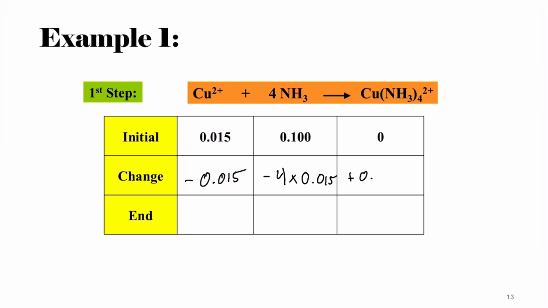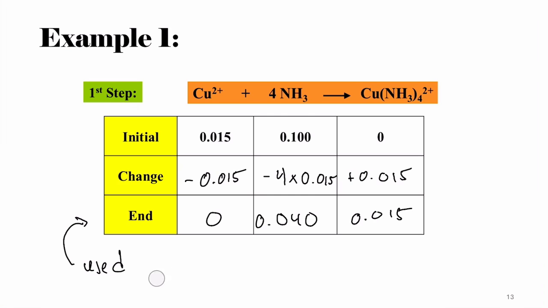So this is going to be 0.015. And we use this to get our equilibrium values. That's going to give us 0.040, and this is 0.015, right? And so these are going to be used as initial values for our ice table.